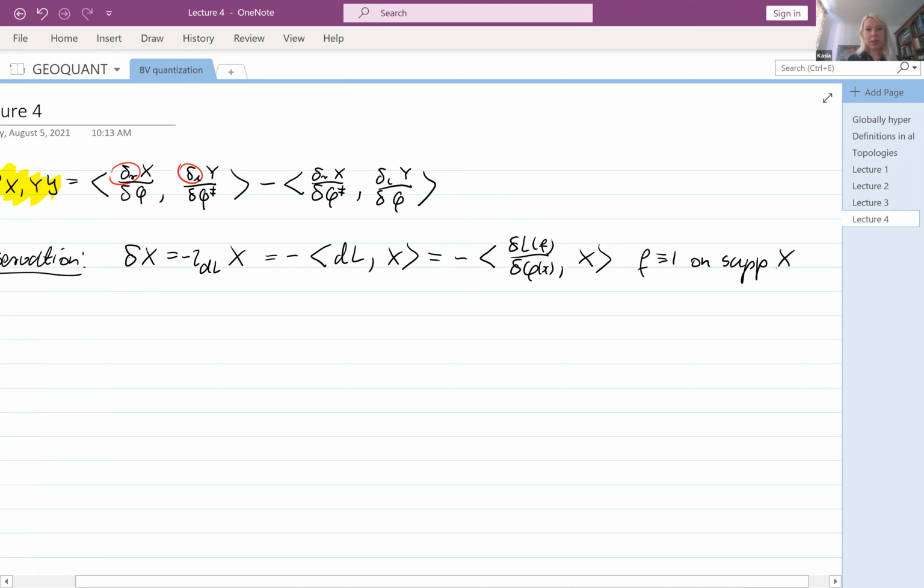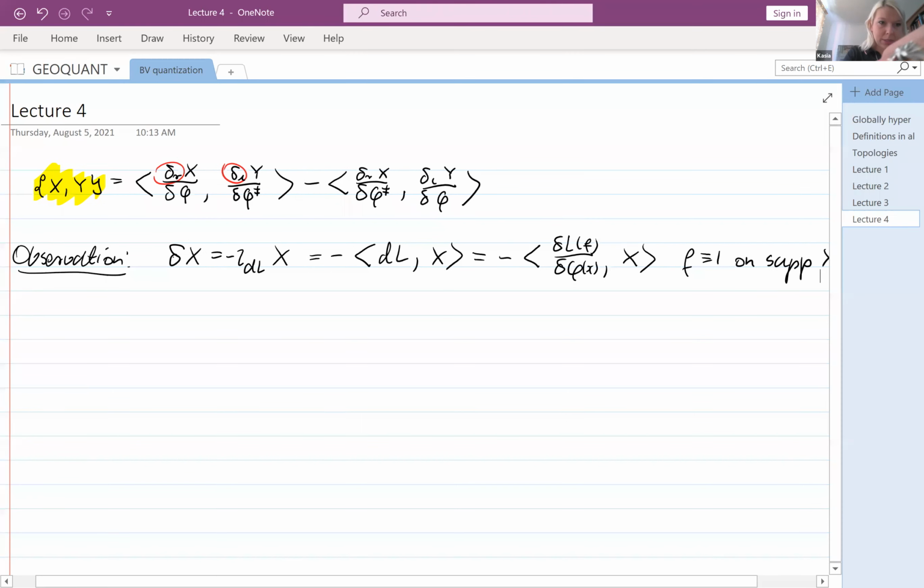So we can now use this bracket formula again, and we can write this as the bracket. Now I have to do this the right way around, the bracket of X with L of f.